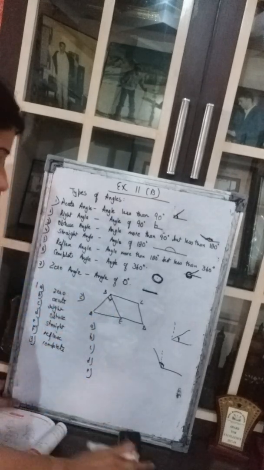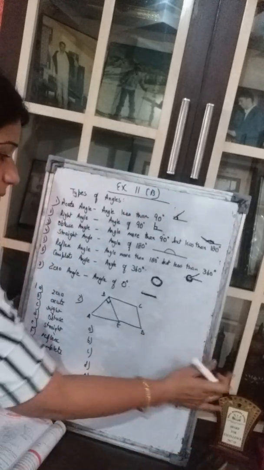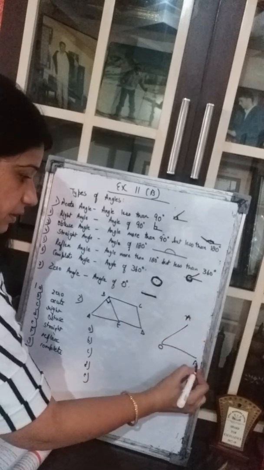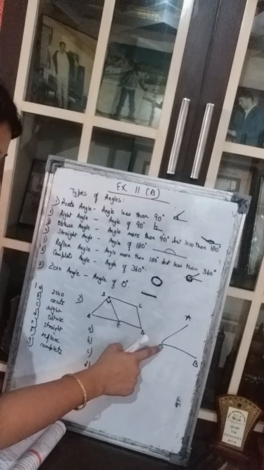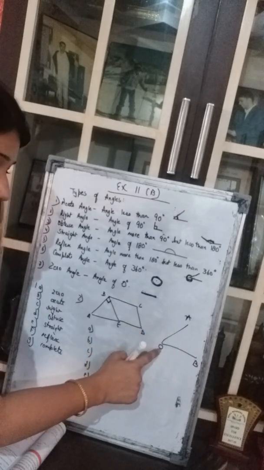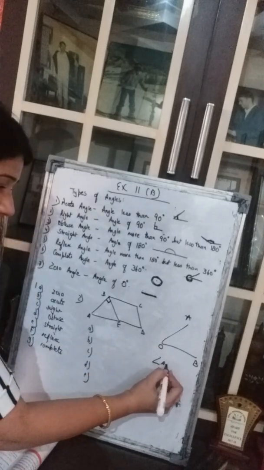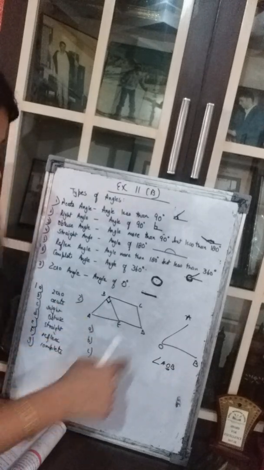Before starting this exercise, I told you how to mention an angle or how to name an angle. Suppose this is an angle AOB. Where is the angle getting made? Angle is getting made at O, where two lines are meeting each other. So the angle at O will be mentioned as angle AOB. That means this O will always come in the center.